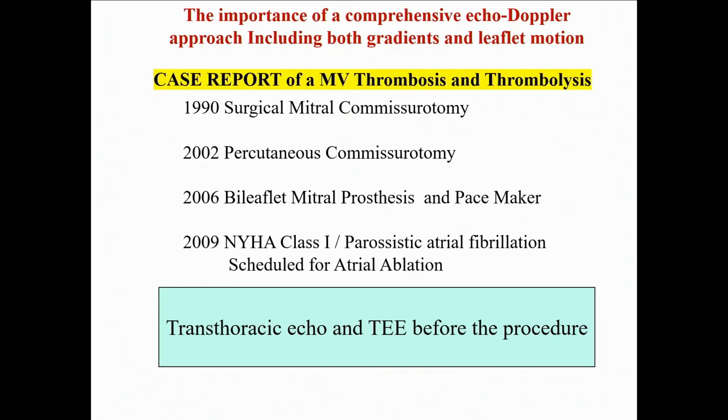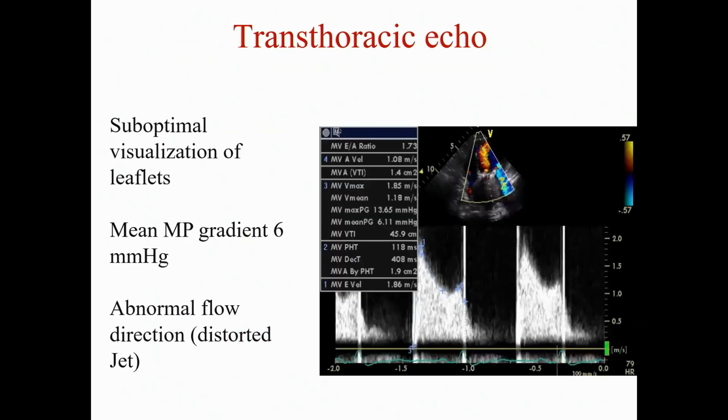So I can summarize my data concerning the leaflet motion and gradients during thrombolysis in a patient who underwent an evaluation for paroxysmal atrial fibrillation, was scheduled for atrial ablation with a bileaflet mitral prosthesis.